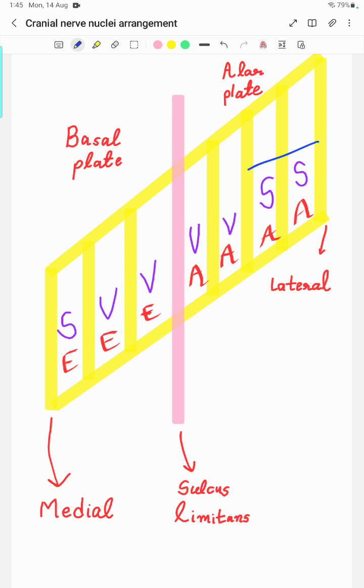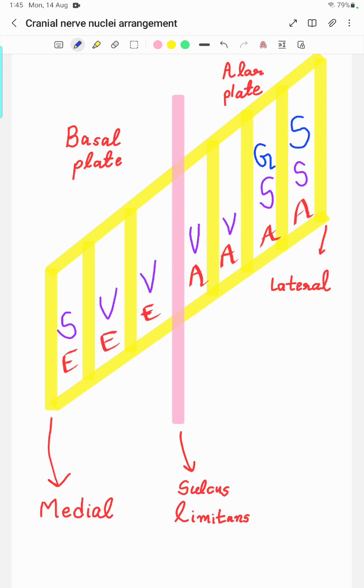So see, these both columns are looking same, somatic afferent, but one will be general and one will be special. So special will be away from sulcus limitans or inside, and general will be towards sulcus limitans or in the middle part or center of brainstem.